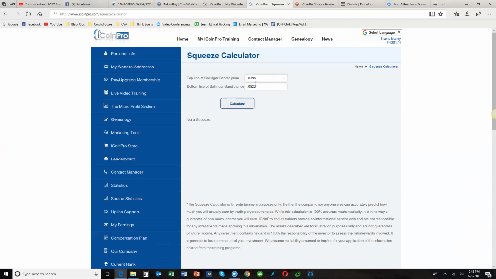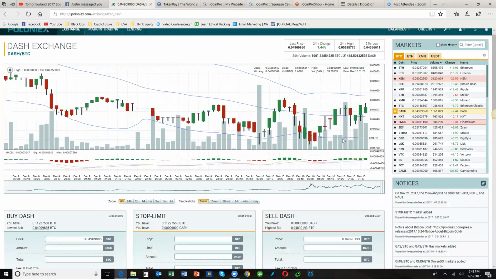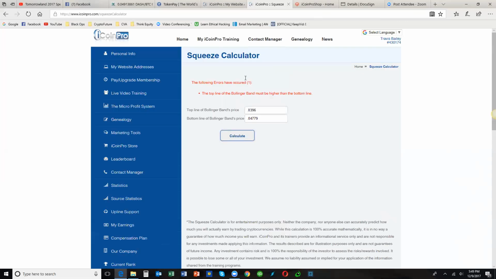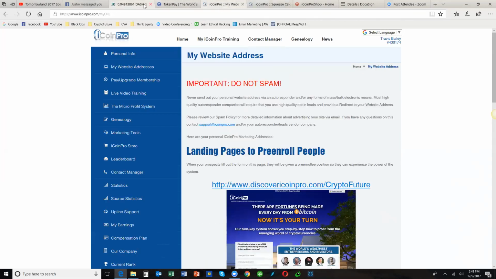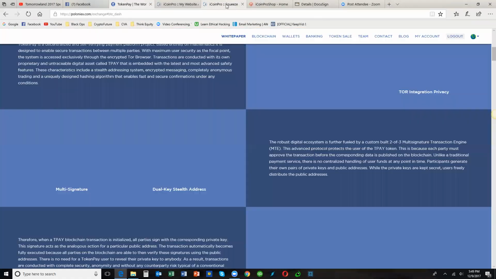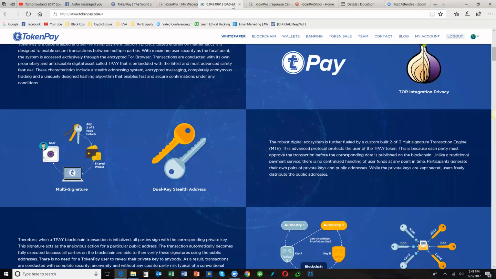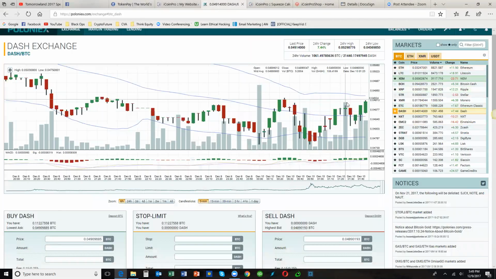0.0396. And then 0.04779. I think I got that backwards. What did I do? Oh, my computer always does that to me. Okay, let's see.